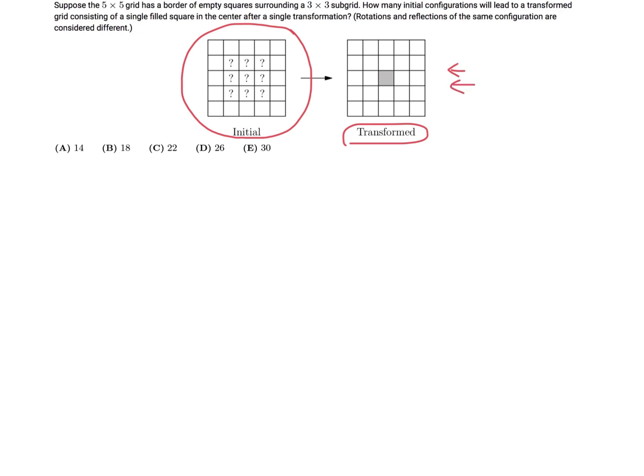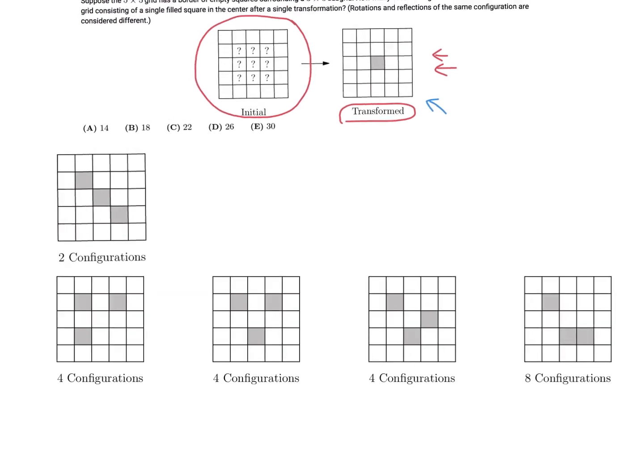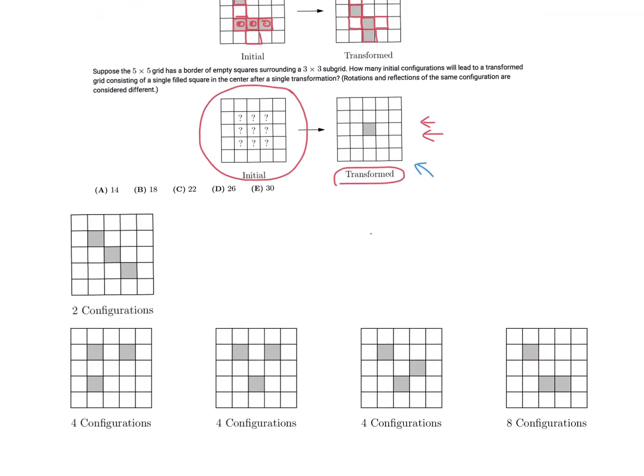Okay, so I will show you which ones. So these are the ones that, when transformed, will end up looking like this. And we can go through the rules. Let's list those rules. Let's bring those rules in.